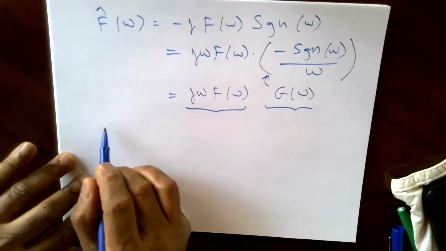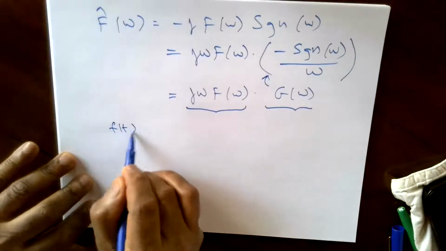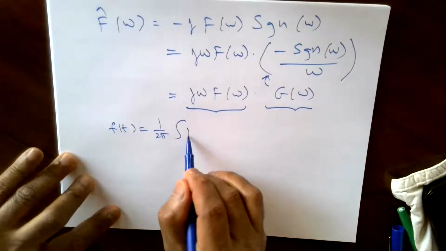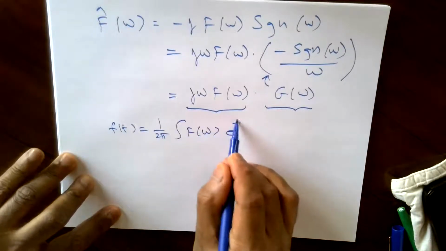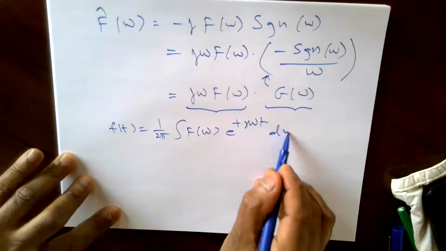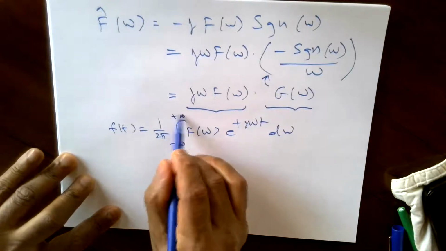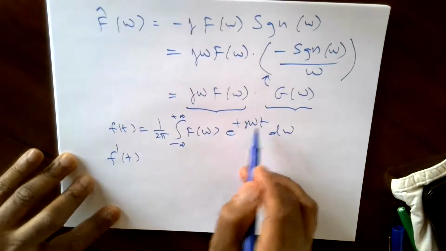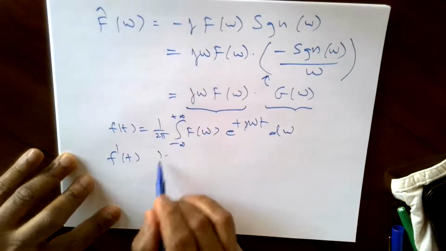So if you look at f of t, it is the inverse Fourier transform of F of omega. So that's F of omega e raised to plus j omega t d omega. Let me take again the same thing, take the derivative on both sides with respect to t. So there will be a j omega here.